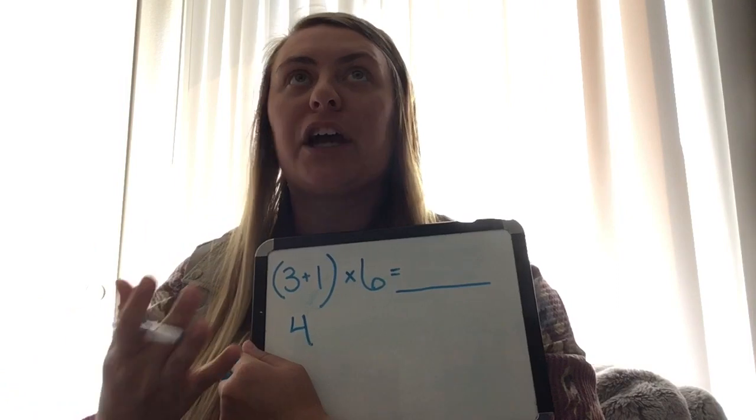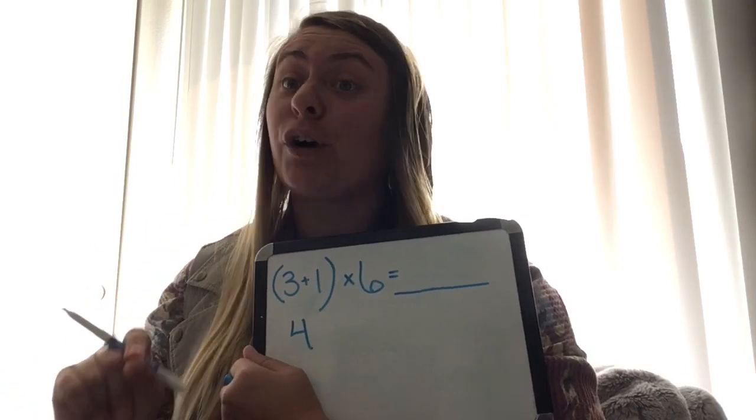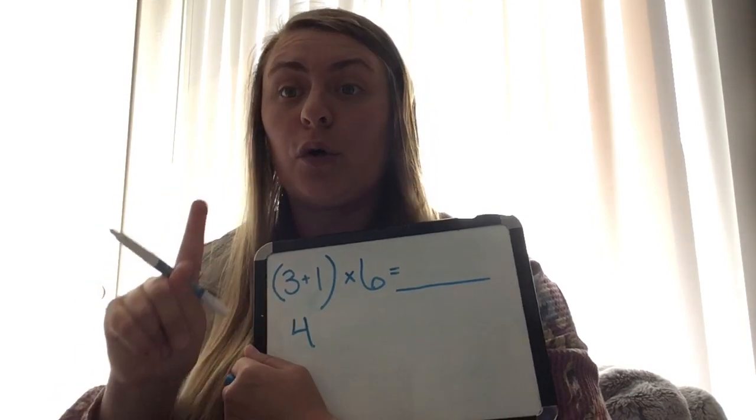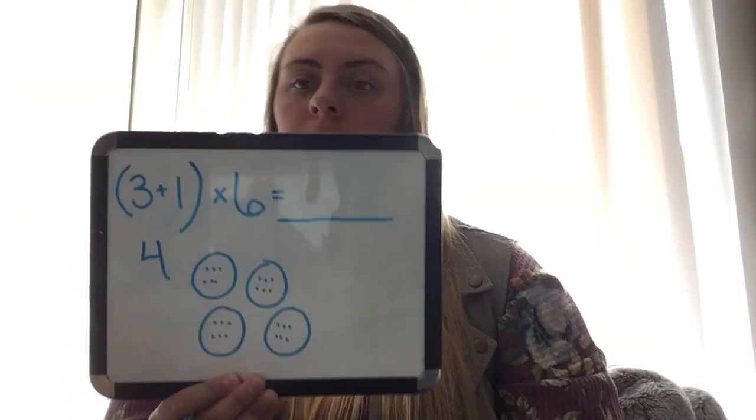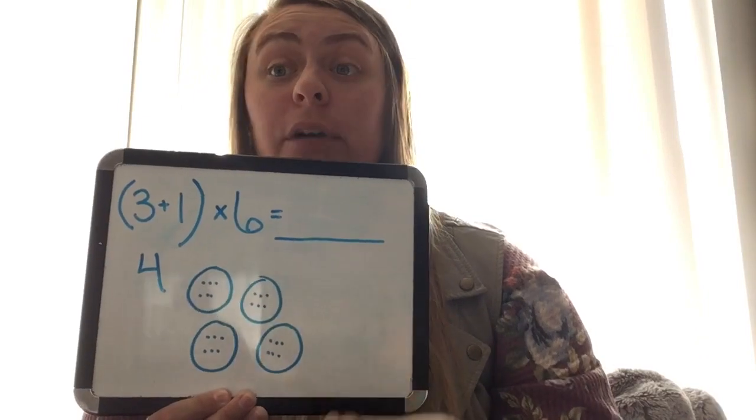Again, I could use the number line, or an even better strategy that we've been working really hard on is our equal groups. I'm going to draw 4 groups, and I'm going to add 6 dots in each group. And if I were to count up all the dots, I would get an answer of 24.